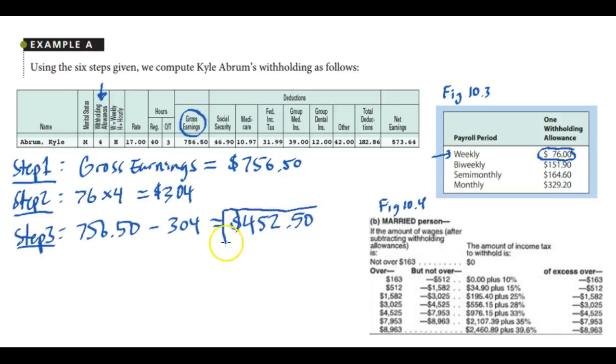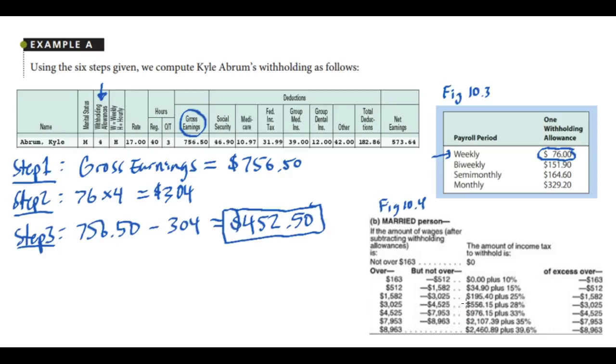Now this amount right here, after you subtract the allowances amount from the gross earnings, the amount that I just circled, is what we're going to be using to determine which tax bracket we're in in figure 10.4. So in the table on the bottom right here, we're going to be using this $452.50. After you subtract the allowances, we take that amount and see which tax bracket we're in.